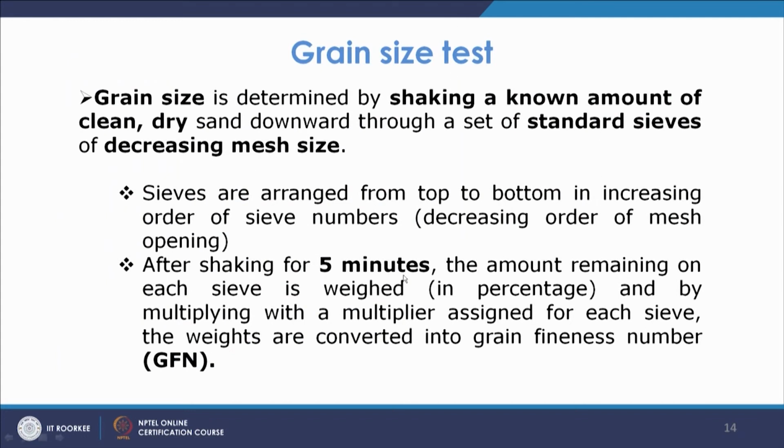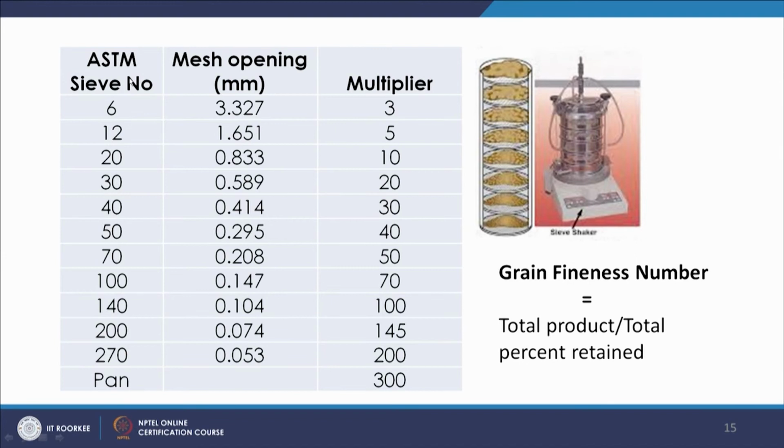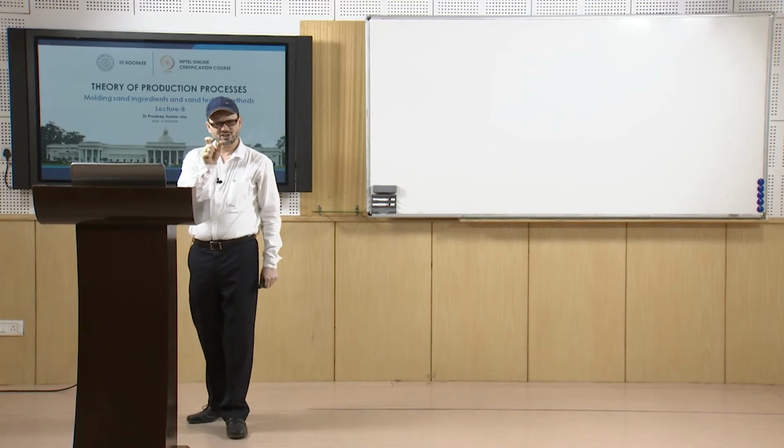After 5 minutes, the amount remaining on each sieve is weighed, and every sieve has a multiplier number. You see sieve numbers 6, 12, 20, 30, 40. They tell how many sieve openings there are in every linear inch, and based on that you have the mesh opening.